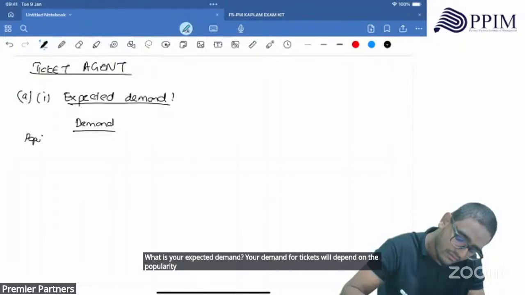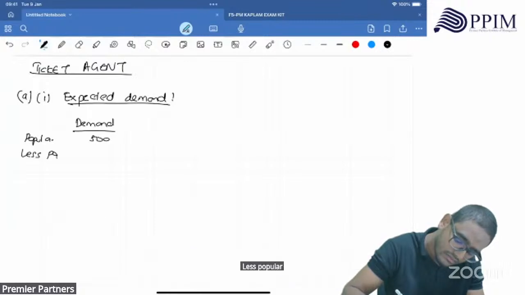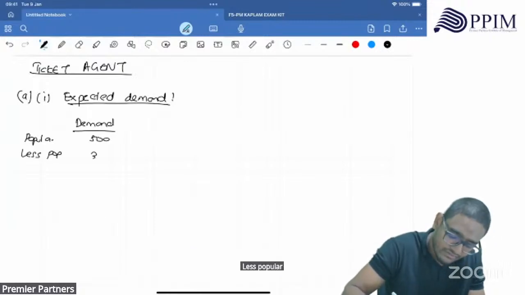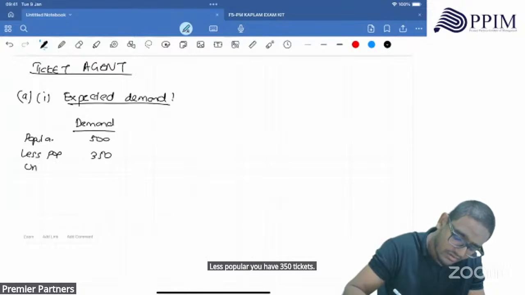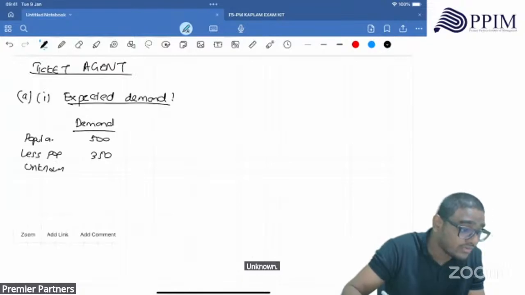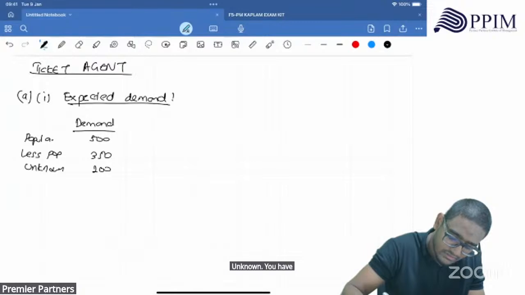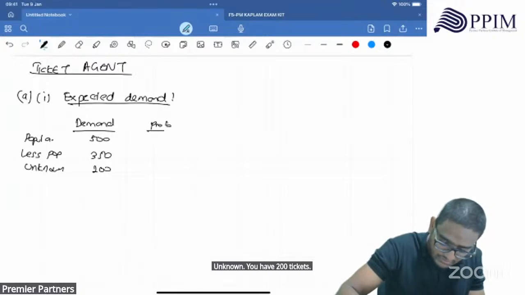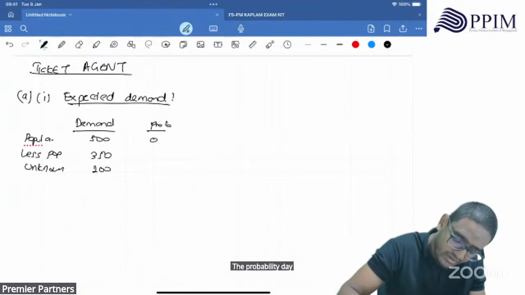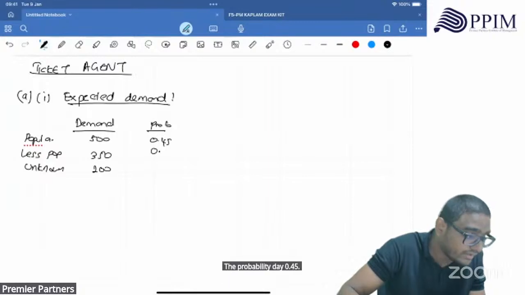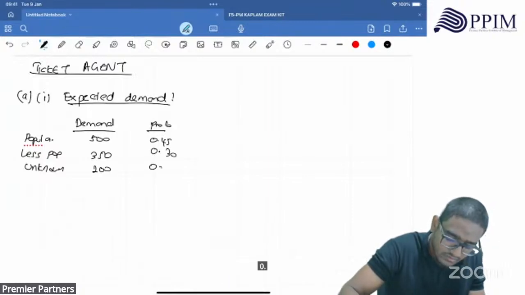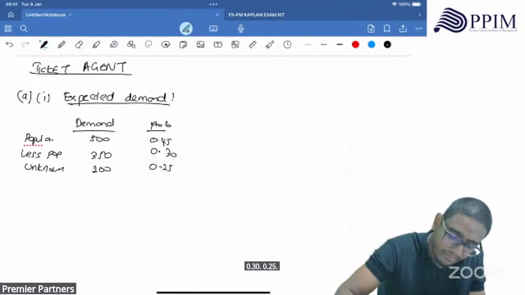Popular, you have 500 tickets. Less popular, you have 350 tickets. Unknown, you have 200 tickets. The probability: 0.45, 0.30, 0.25.